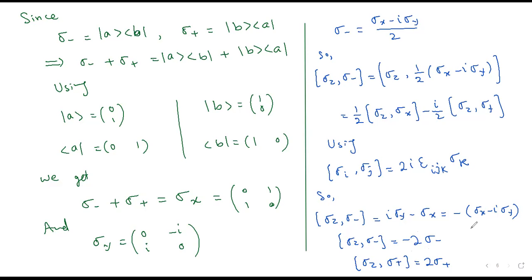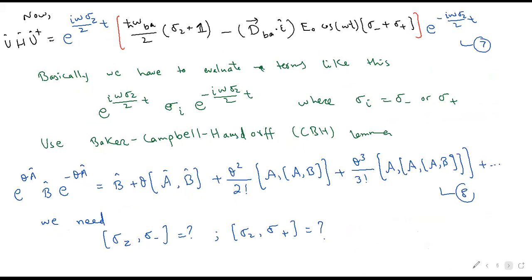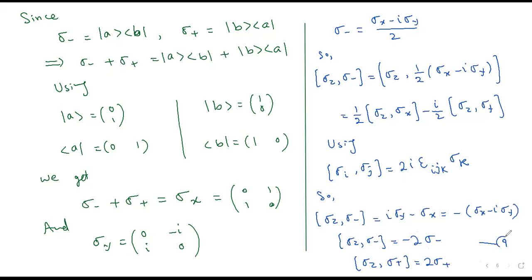Okay, last equation we named equation 8. So let me call this equation 9 and this is equation 10. By using these two relations, we can do the required calculation for the Hamiltonian.